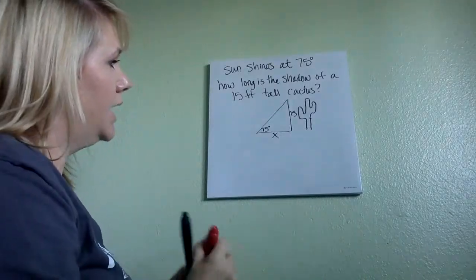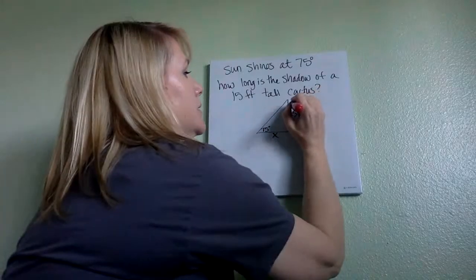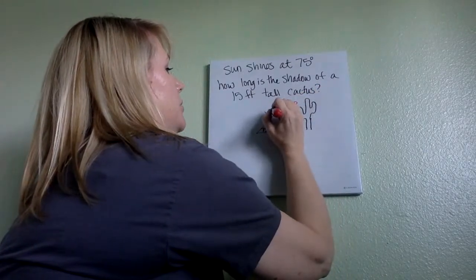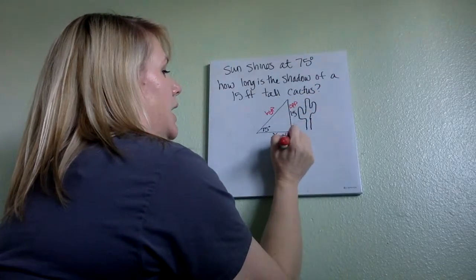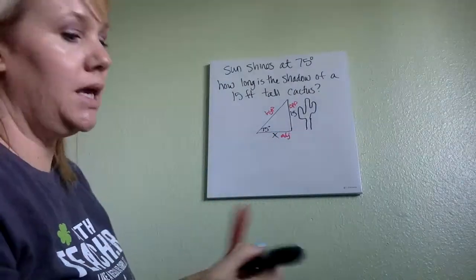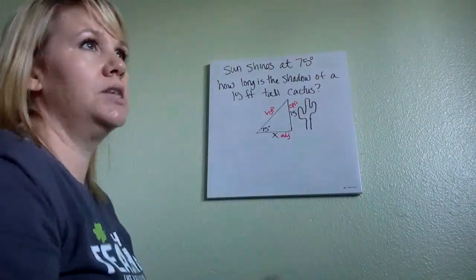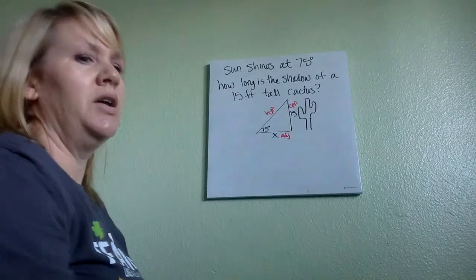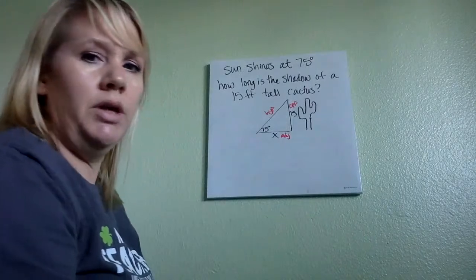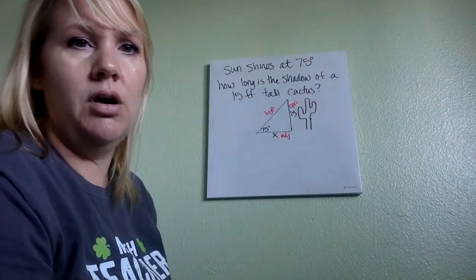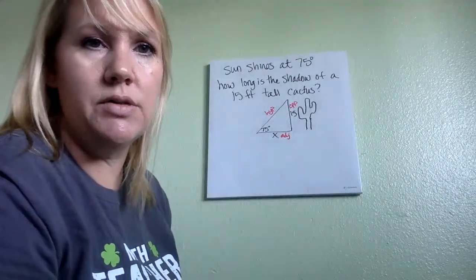Then you decide what pieces of information you have. We have the side opposite. The hypotenuse would be out here, and this is the side adjacent. So the piece we need is the side adjacent. Which of our 6 trig functions? Really you want to focus on the basic 3: the sine, the cosine, and the tangent.